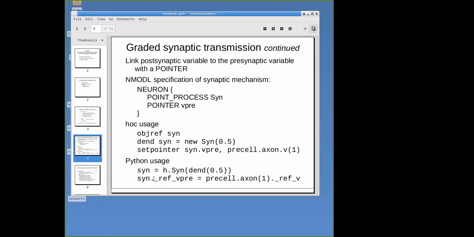And when Python has imported h from neuron import h, it knows what to do when it runs into this. Okay, Python will know that, at the level of compiled machine language, etc., some kind of a pointer is going to be linked to something else.